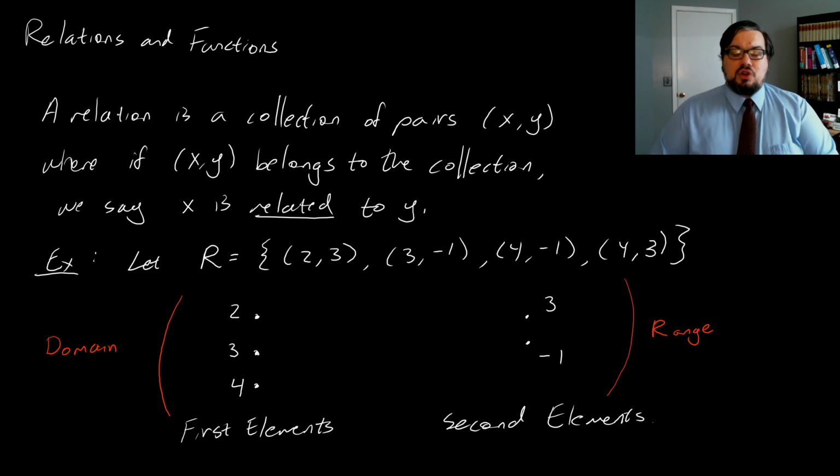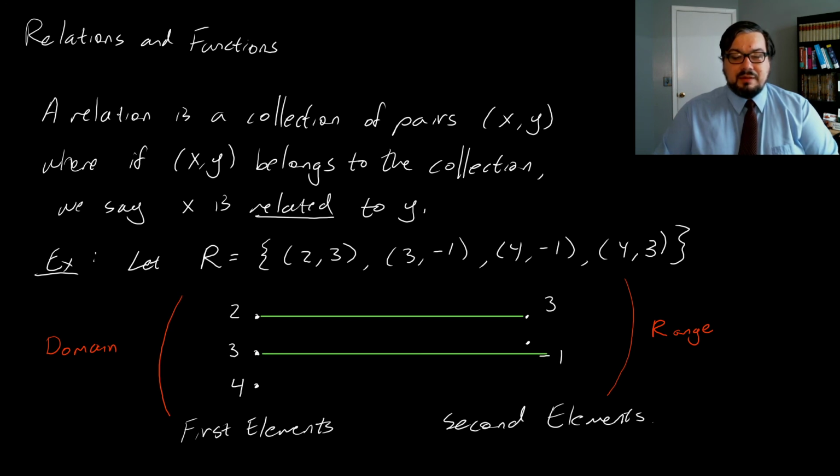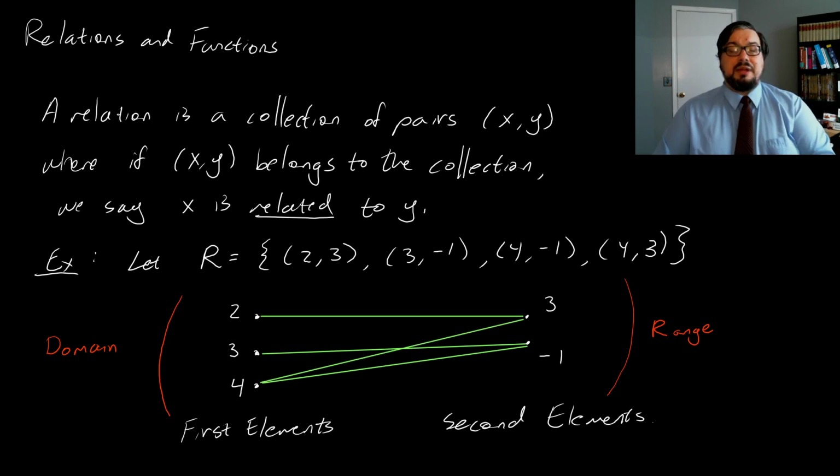And if we list all the elements of the domain in a column on the left and all the elements of the range in a column on the right, then we can use lines to indicate the relations between them. So we have that 2 is related to 3, 3 is related to negative 1, 4 is related to negative 1, and 4 is related to 3.